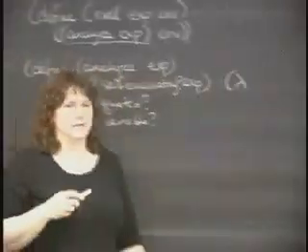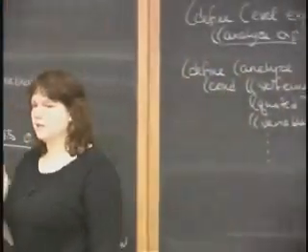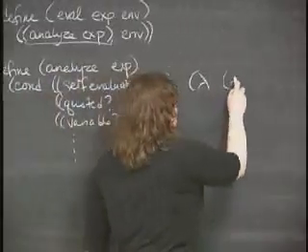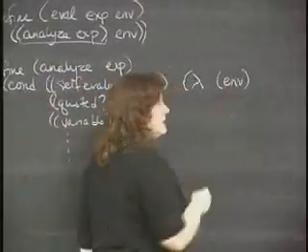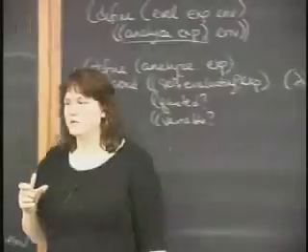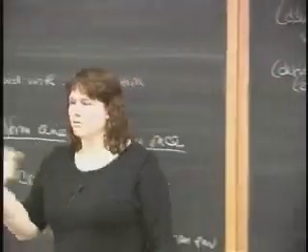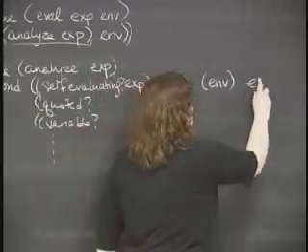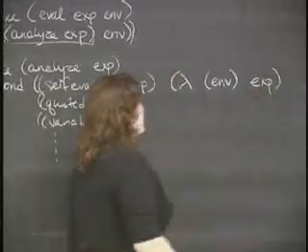Okay, I hear lambda x x. Is that exactly right? No, we want to take in the environment. The procedure needs to take an environment. All of the procedures that we analyze, that we return from analysis, are going to take the environment in. And then we're going to return the expression.